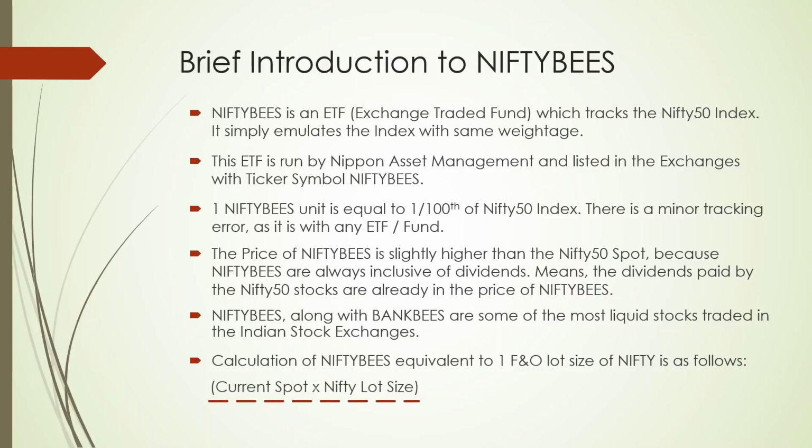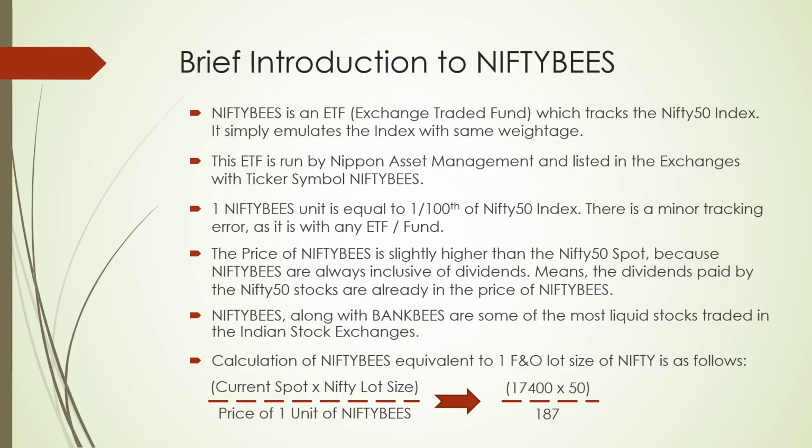The current spot of 17,400 multiplied by the Nifty lot size, divided by the price of one unit of Nifty Bees. That should provide you the quantity of Nifty Bees you need to be equivalent to one F&O lot size of Nifty.